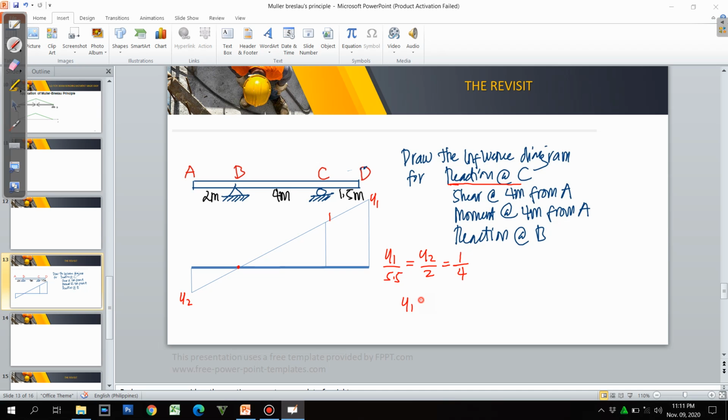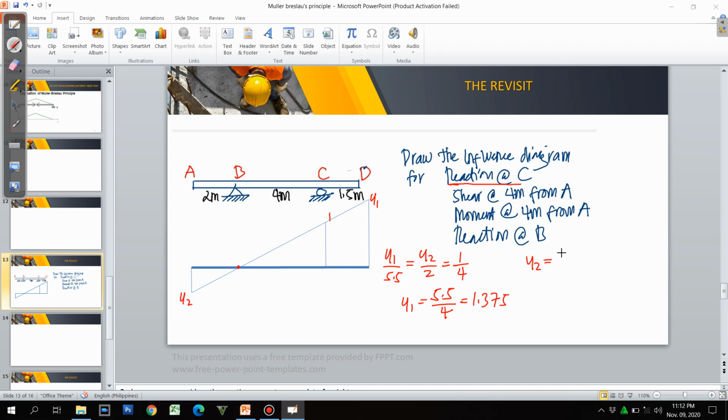So if we are concerned with y1, we'll just have to pair it to 1/4. So y1, 5.5 will just cross multiply by 1. So that is 5.5 all over 4, which is equal to 1.375. Similarly, y2 will be paired on these given values.